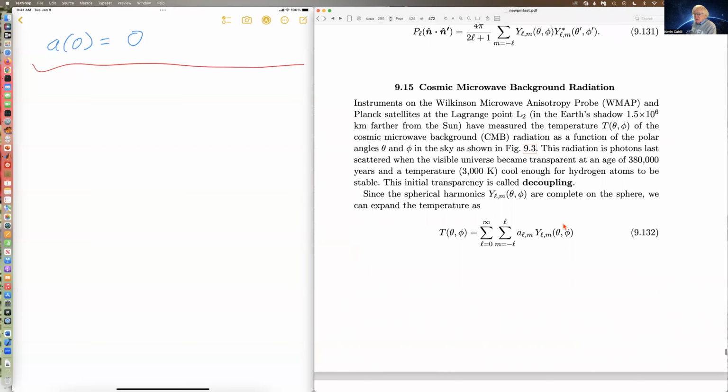So the cosmic microwave background was first detected actually by some engineers at Bell Labs who were interested in communications, and they wanted to, let's see, I've forgotten what it is they were actually doing.